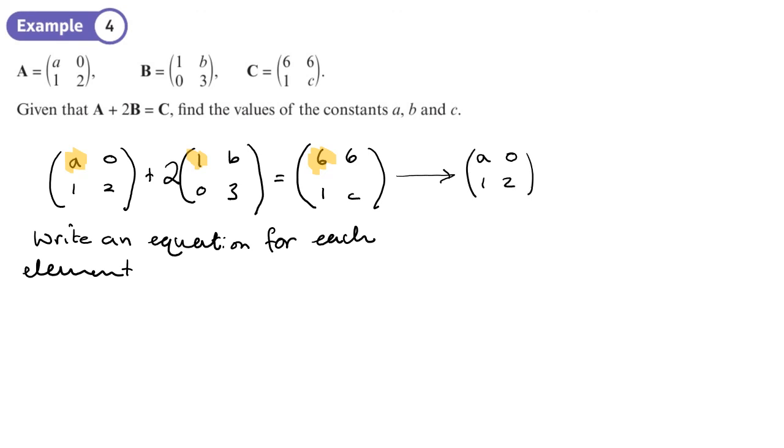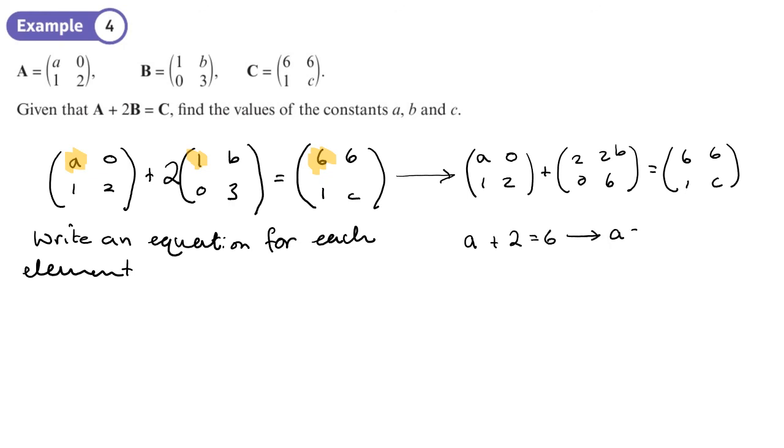I'll multiply the second one by 2, so then I'll get 2, 2B, 0, 6 equals 6, 6, 1, C. So an equation for each element. If I pick off the first element, which I've highlighted in orange, that will be A plus 2 equals 6. There we go. A is 4, easy.